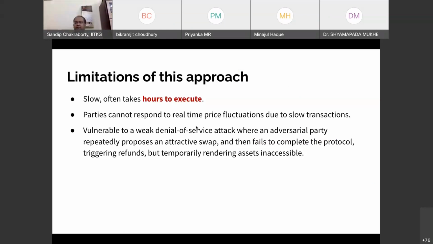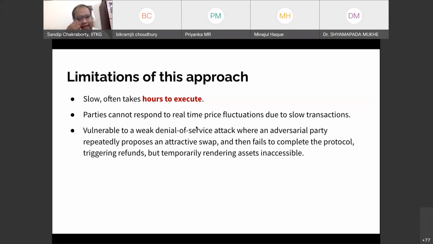So it entirely depends on when the parties who prepare that contract are going to reveal it. And that way, the entire process is very slow. Because of that, the parties cannot respond to real-time price fluctuations. It might happen that you agreed on some transfer rate, and by the time you create the corresponding HTLC and reveal the key, the amount has changed. So you cannot make any change in the contract at that point of time.